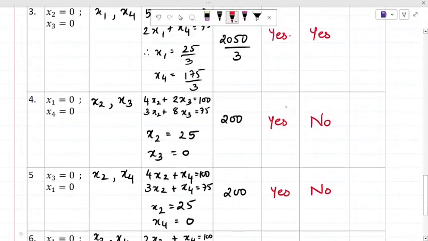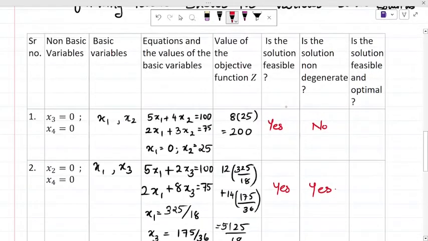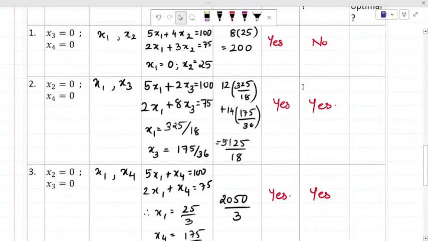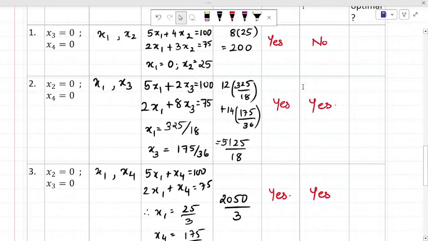So now we have got all these solutions, of which we have to check which one is going to be the maximum value. So let us check the values for which the maximum answer comes. So 200 is one answer. So let us see, 5125 divided by 18 gives us somewhere around 284.